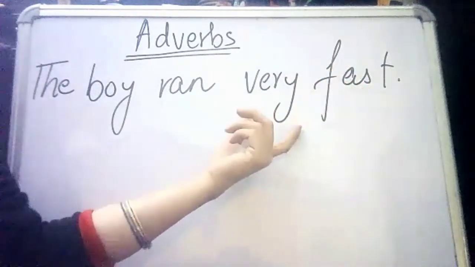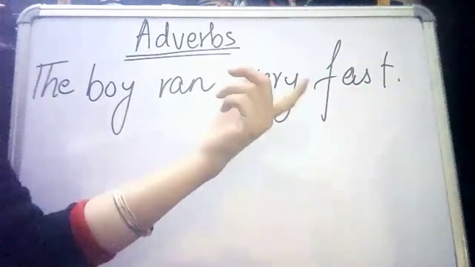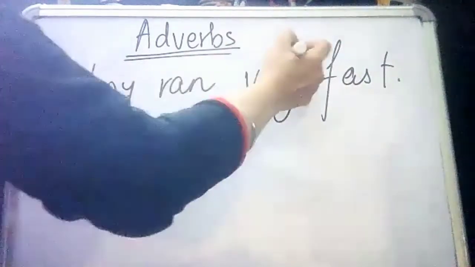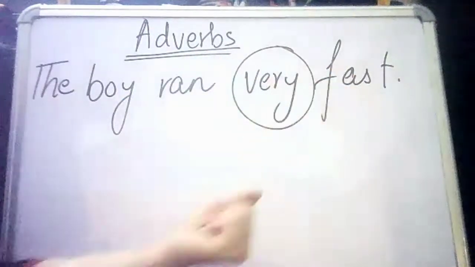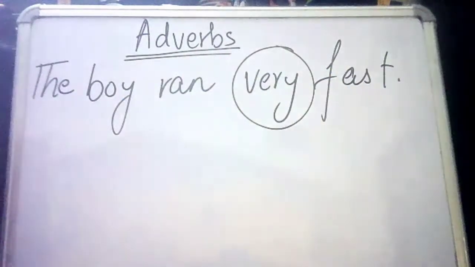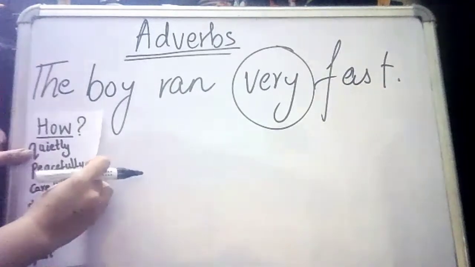Fast. And I am using very also here. So very is modifying fast, which is already an adverb. It's talking about the action, how did he run? So the adverbs are also modifying another adverb. So we have used very.